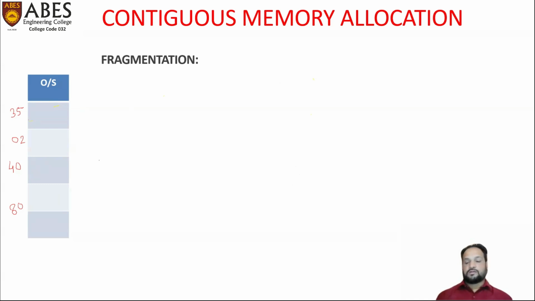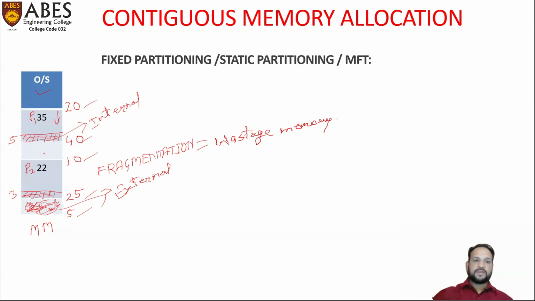The second is external fragmentation. It is the total memory space that exists to satisfy a request, but it is not contiguous. As in this example, let's consider that we have 10 MB left blank and 5 MB blank.